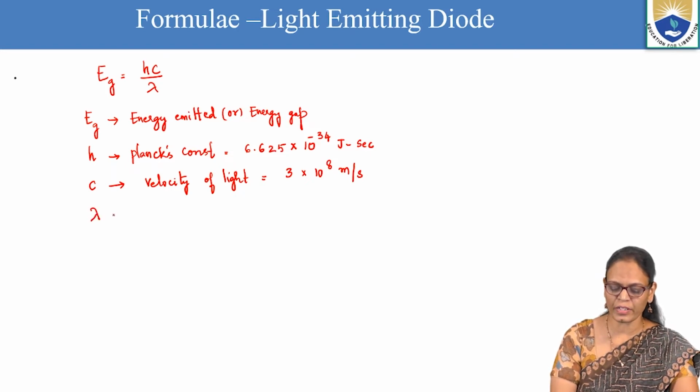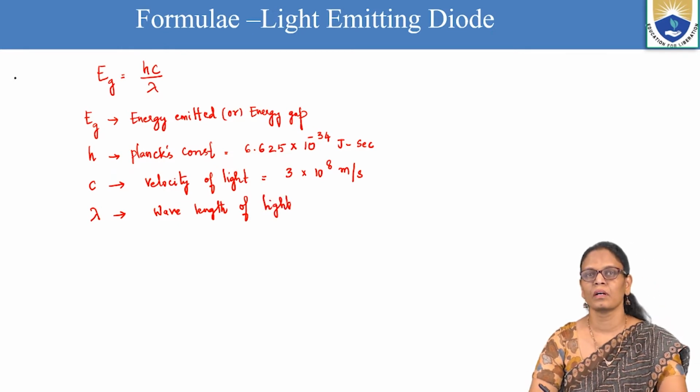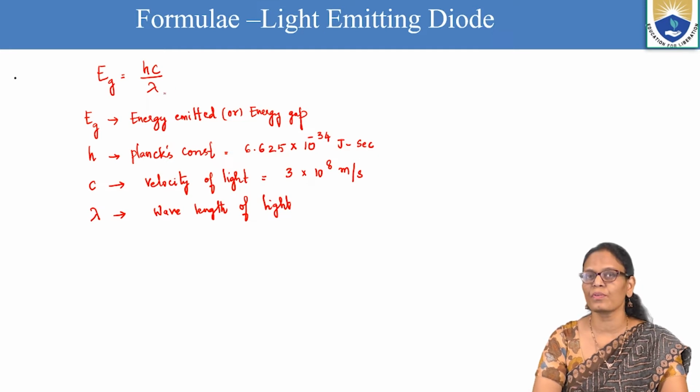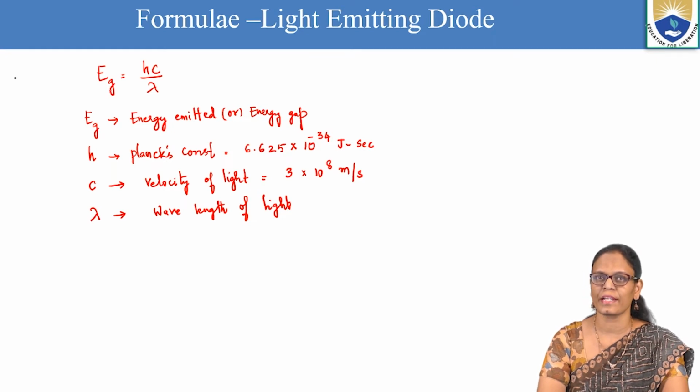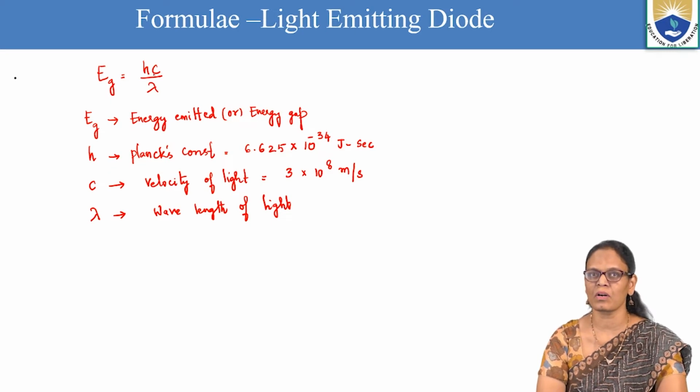And lambda here is the wavelength of light that is emitted. So if you know the value of lambda, we can easily find the energy that is emitted, which is equal to the energy gap, because h and c are constants.